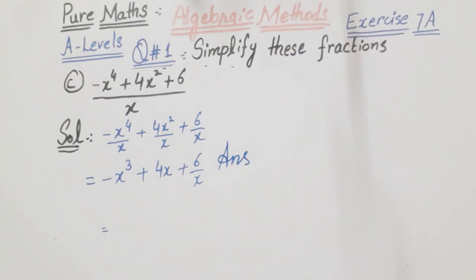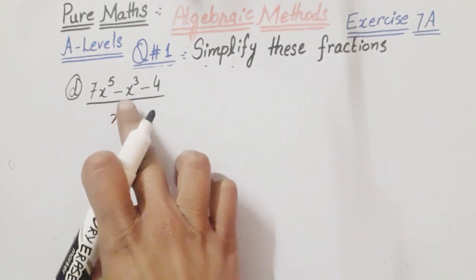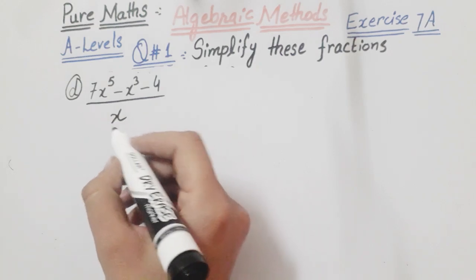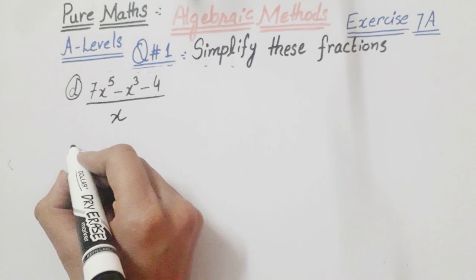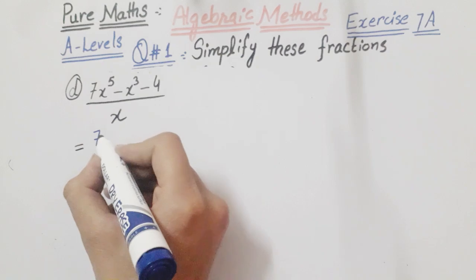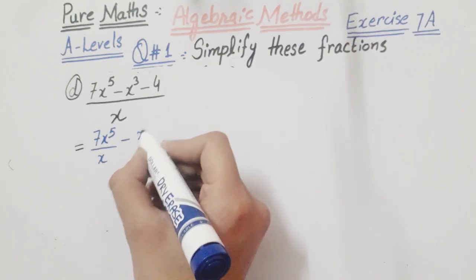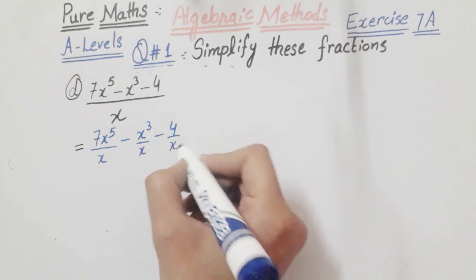Now we will solve part D. In part D we have 7x^5 - x^3 - 4 by x. In this question we cannot take common x, so we will divide each by x: 7x^5 by x minus x^3 by x minus 4 by x.